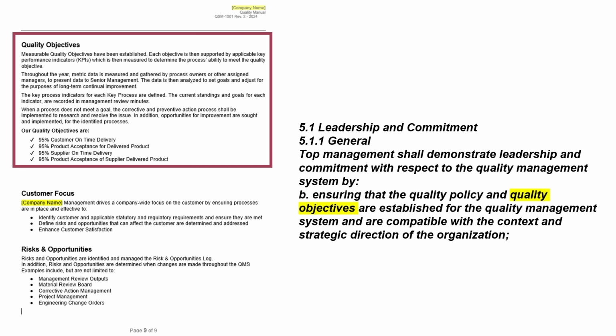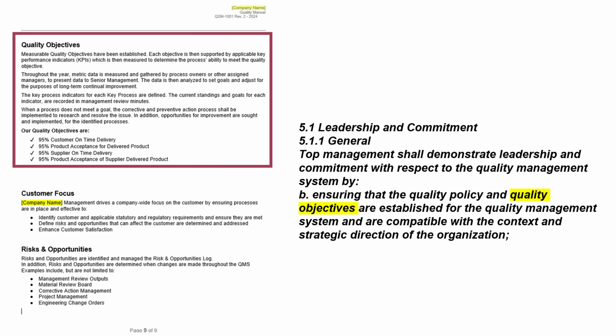Okay, everyone, let's move along to the next area. So in clause 5.1.1, it states that the organization shall ensure the quality policy and quality objectives are established for the quality management system and are compatible with the context and strategic direction of the organization.